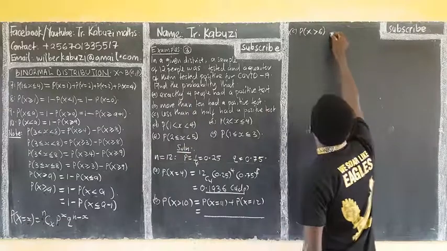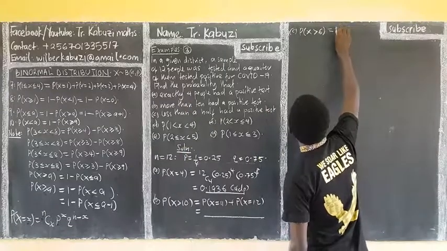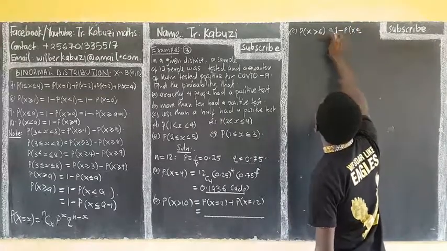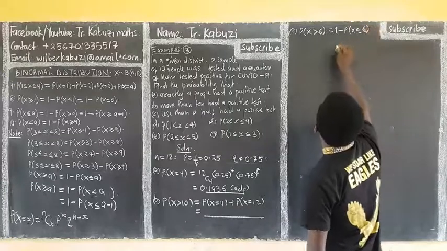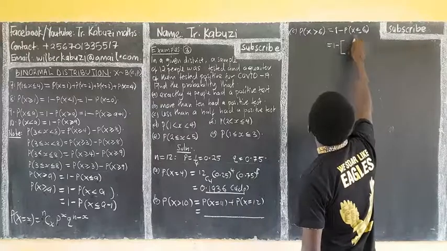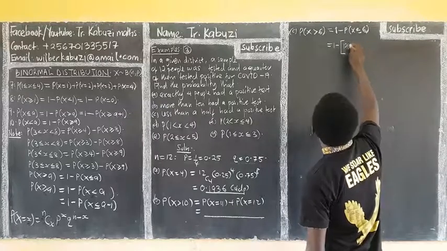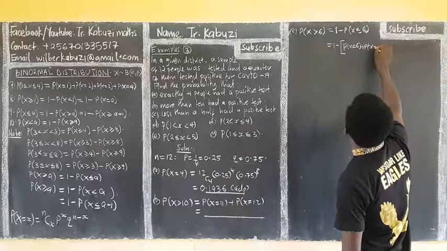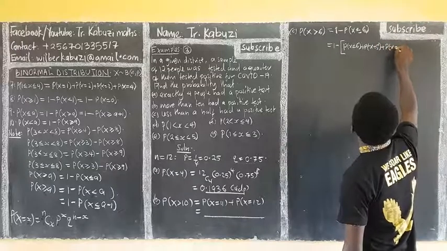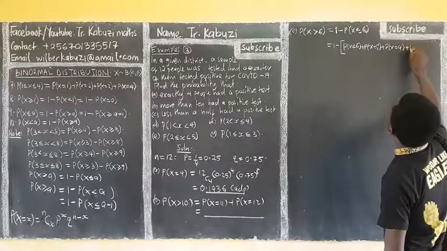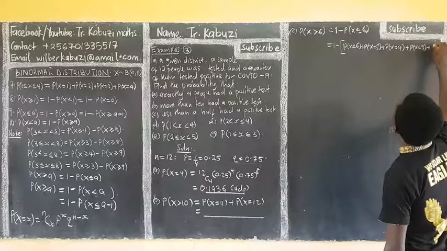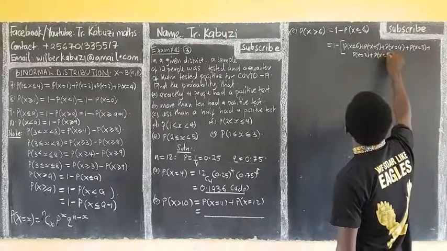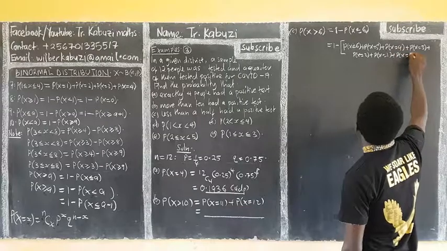So you can say this is the same as 1 minus the probability when x is less or equal to 6, which is 1 minus the probability when x is 6 plus the probability when x is 5 plus 4 plus 3 plus 2 plus 1 plus the probability when x is 0.